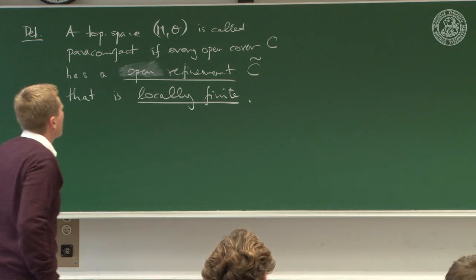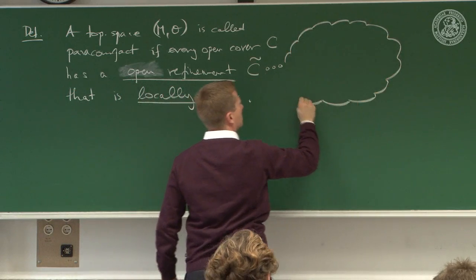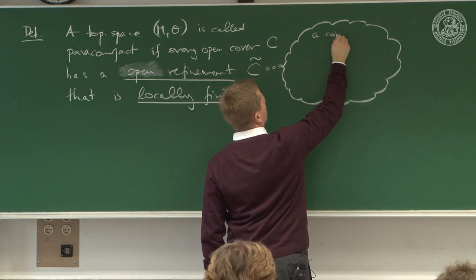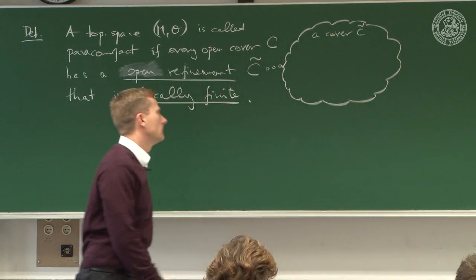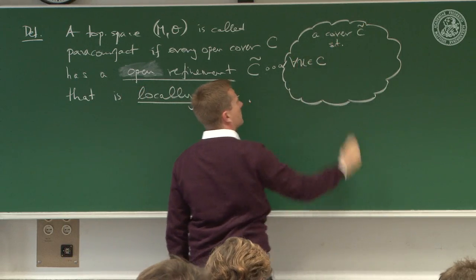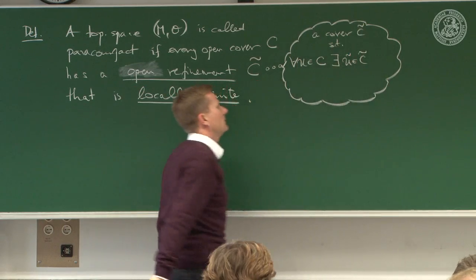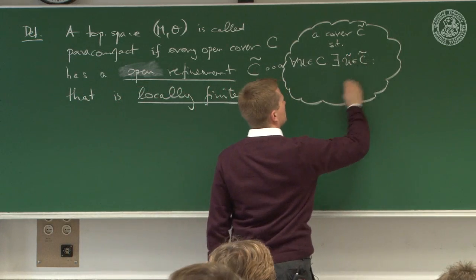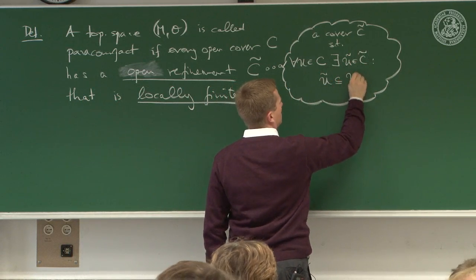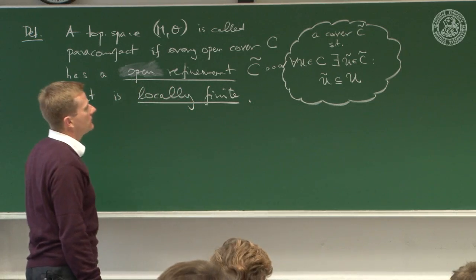What does that mean? Well, an open refinement C twiddle of a cover is again a cover, but now such that for every U in the original cover, there exists a U twiddle in the refinement such that U twiddle lies in U. That's an open refinement.